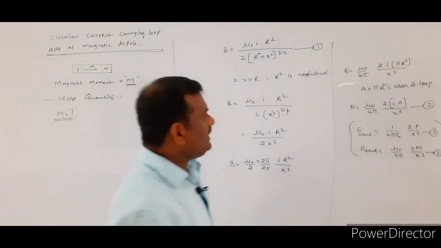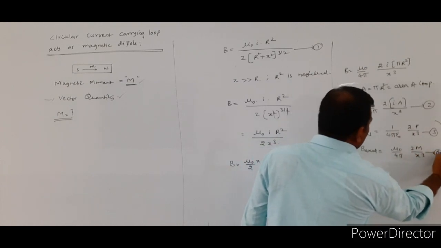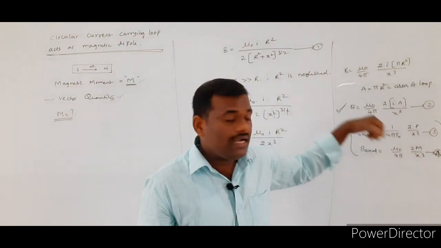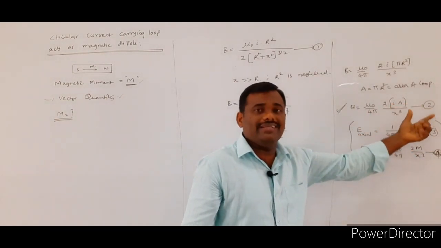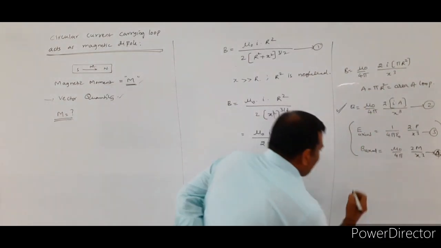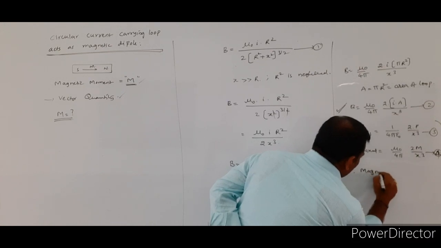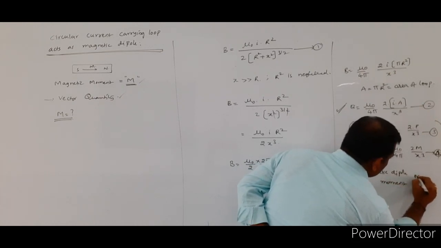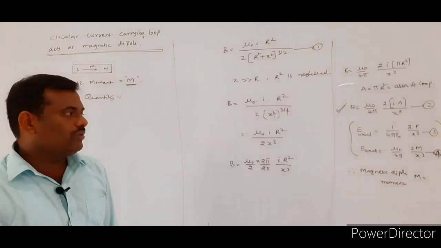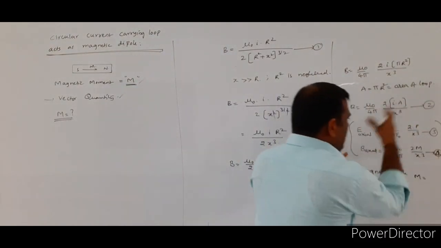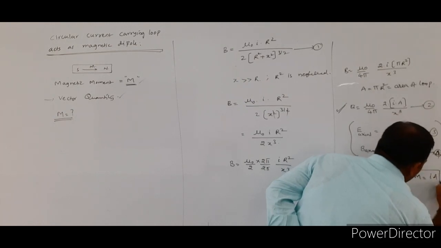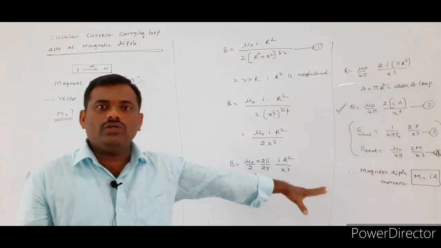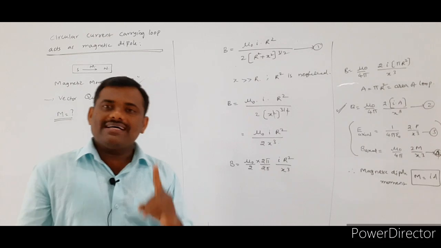If you compare equation number 2, equation number 3 and equation number 4, in the place of the dipole moment, the term present is I into A. So from this we write the magnetic dipole moment, represented with the symbol capital M, as M is equal to I into A. This is when the loop consists of a single turn.